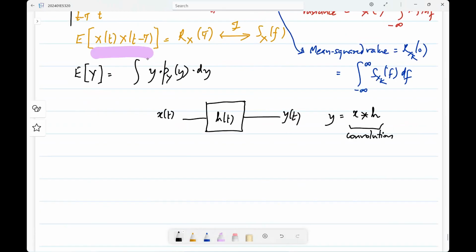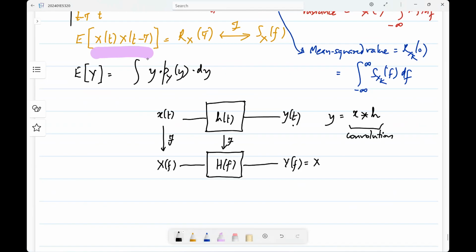Now, typically we don't do this in the time domain. You can, of course. You probably will use the frequency domain equivalents, where you have the transfer function h of f, which is the Fourier transform of h of t. And then you have the Fourier transform of x, which is x of f, and this gives you y of f equals x of f times h of f.